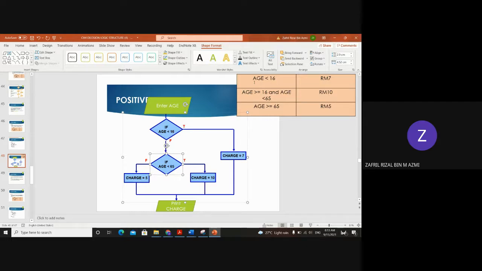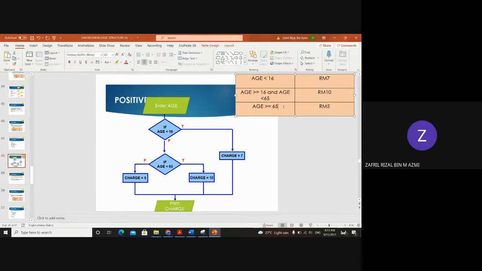Because the last decision we put as else. If you want to use multi-selection, you cannot end with else if. It should end with else. So we follow the rules: start with if and end with else.